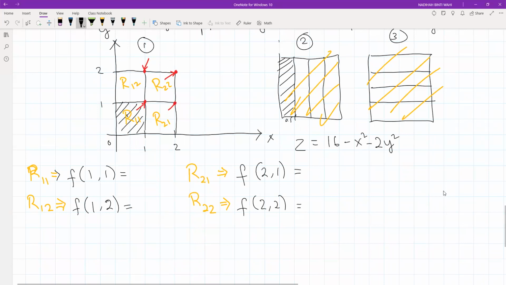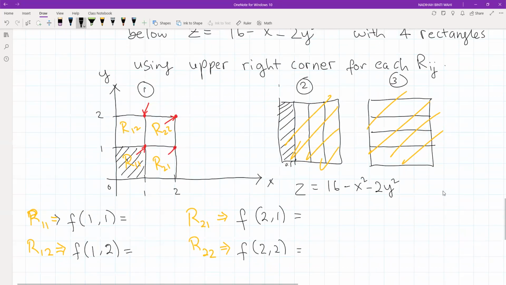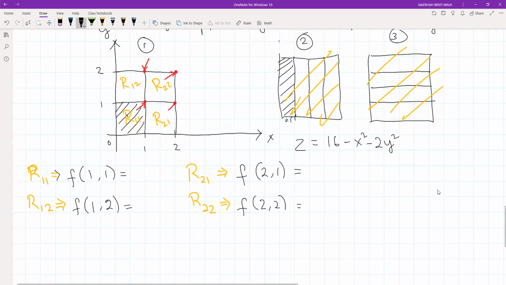So F11 berapa? So 16 tolak 1 tolak 2. So 16 tolak 3 jadi 13. Okay. And then R12, 16 tolak 1 tolak dengan berapa tu? 4 jadi 10.